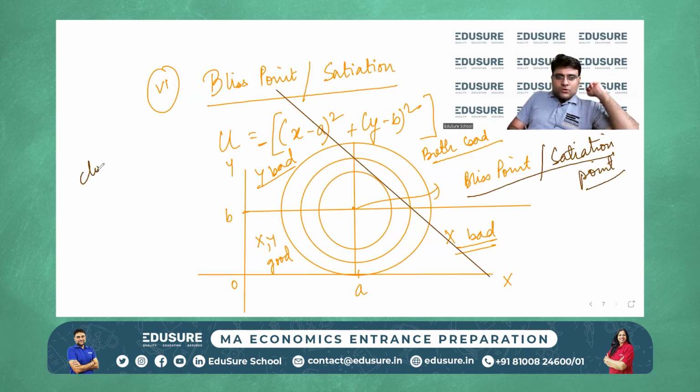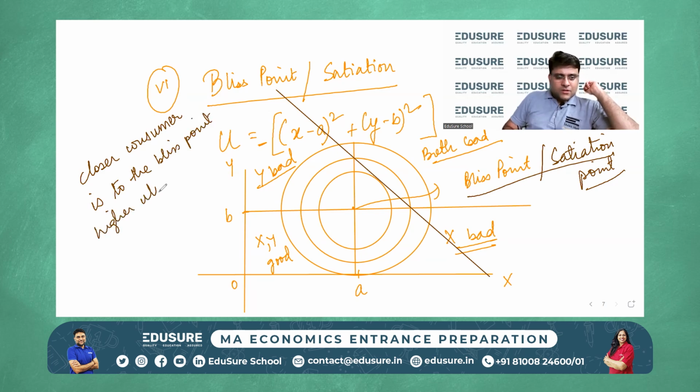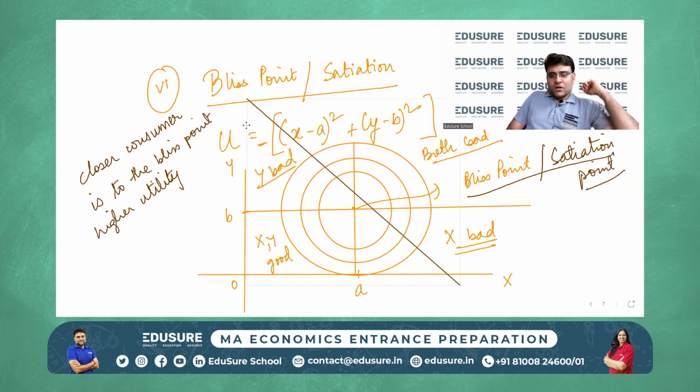And the closer the consumer is to the bliss point, the higher is the utility. The closer the consumer is to the bliss point, the higher is the utility. So I will choose a tangency solution only when I am in this part where x and y are both good.